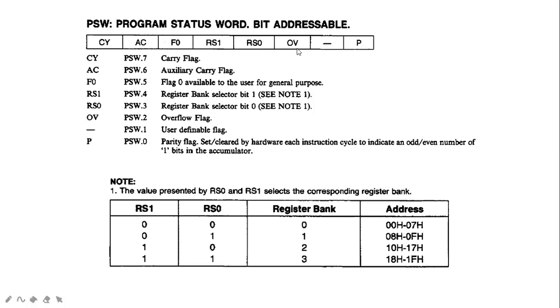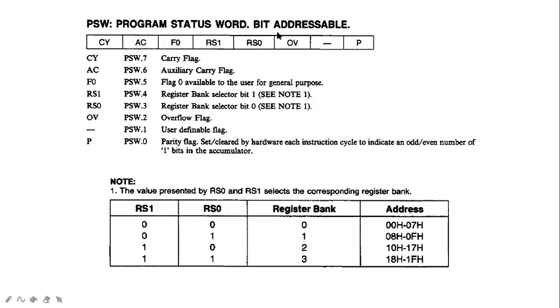The next one is the overflow bit, and the third and fourth bits are for bank selection, RS0 and RS1. The fifth bit is F0, flag 0, available to the user for general purpose; mostly it is not used. Then AC, the auxiliary carry, and the 7th bit is the carry flag.